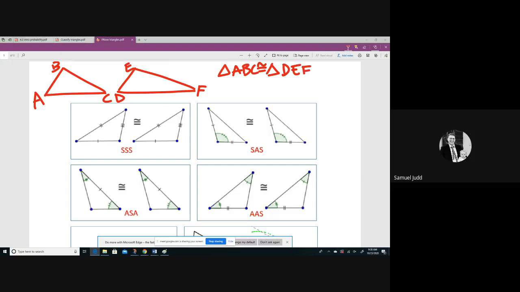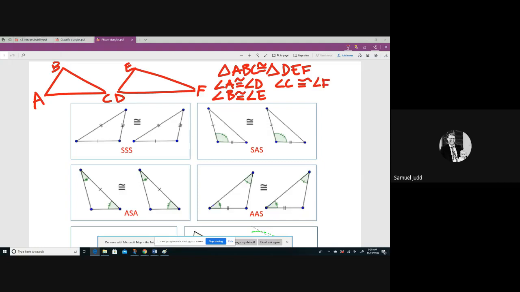that is me telling you that angle A is congruent to angle D. Angle B is congruent to angle E. Notice how A comes first in this congruent statement, and D comes first, and so those two angles are congruent. Something to keep in mind.